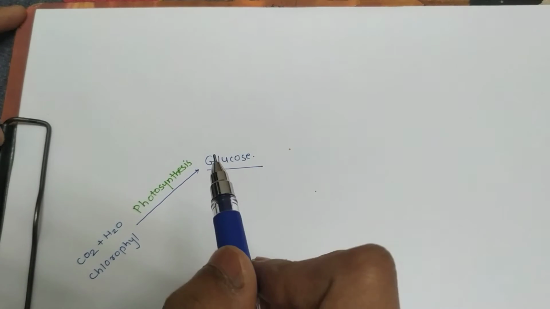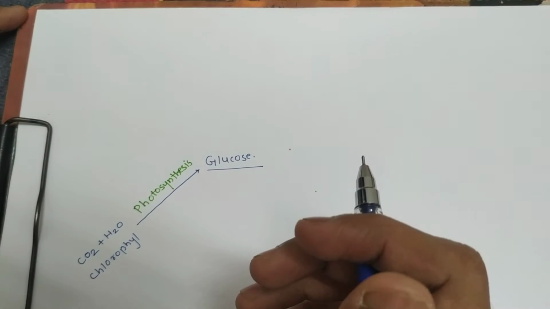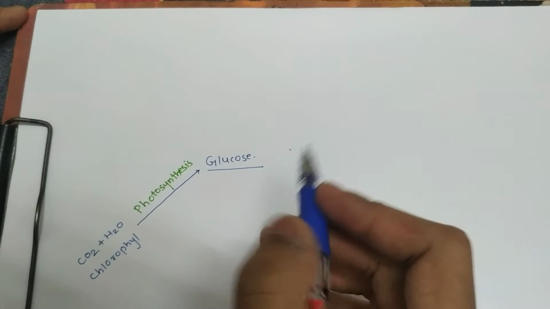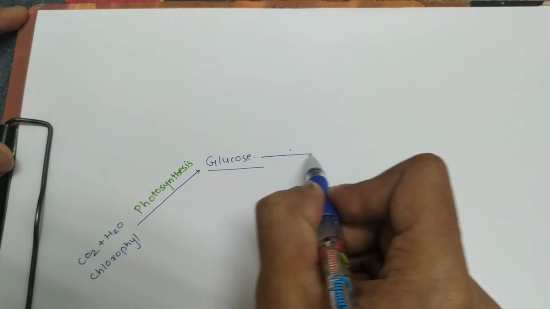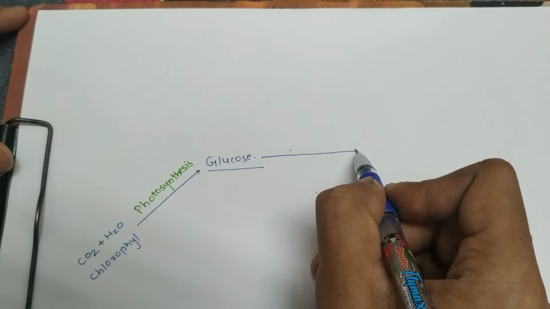Now once glucose is formed, what is the fate of the glucose? Glucose might be used for energy purposes, or some excess amount of glucose can be stored in the cells or tissues.